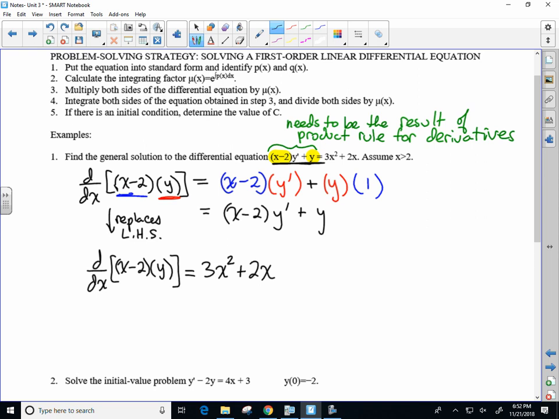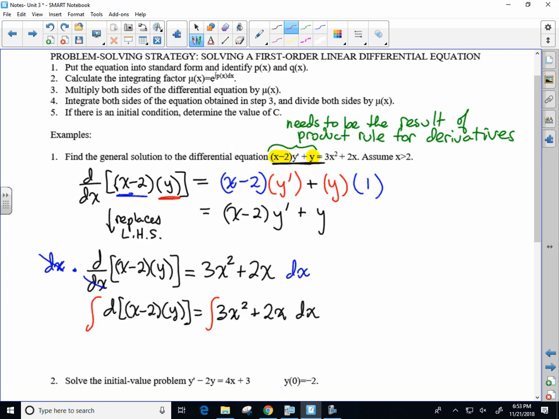All right, left-hand side gets replaced with that expression. So now what I can do is multiply both sides by a dx. My differential equation is in differential form now, and integrate both sides.